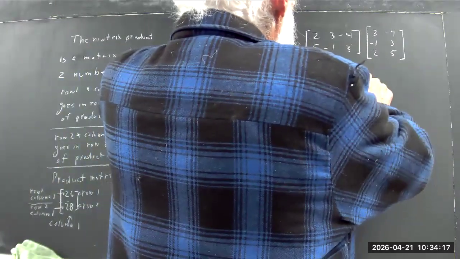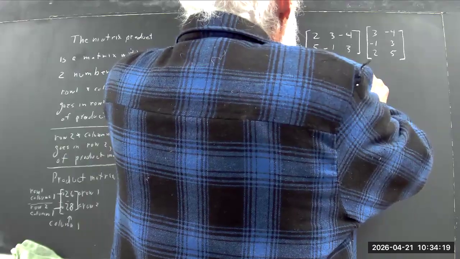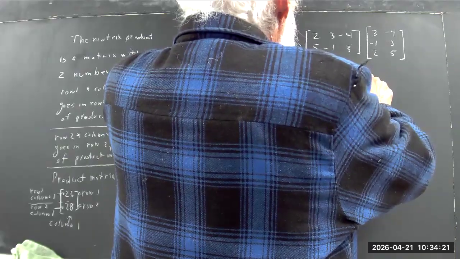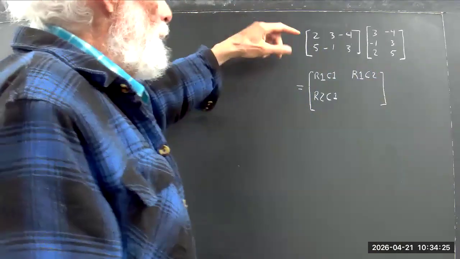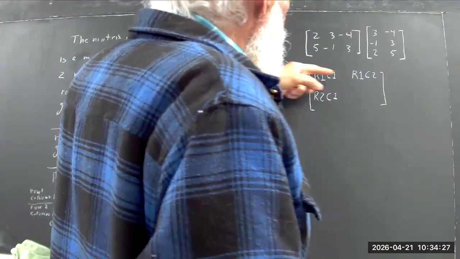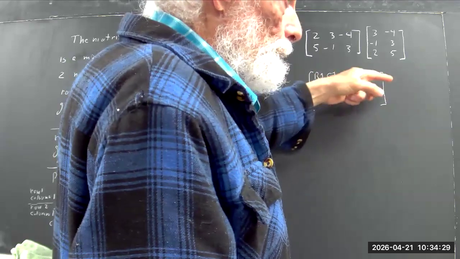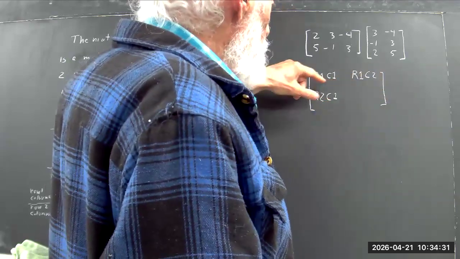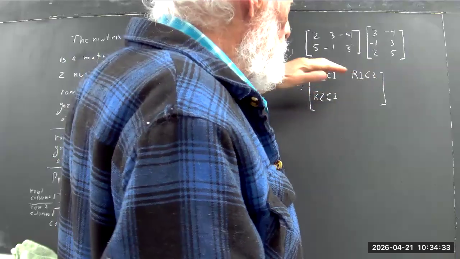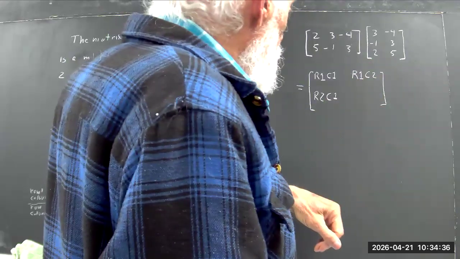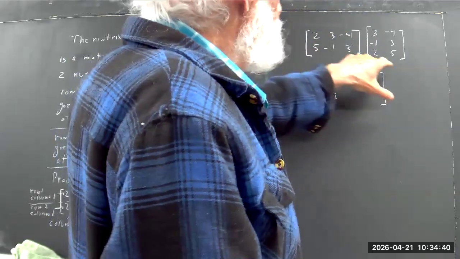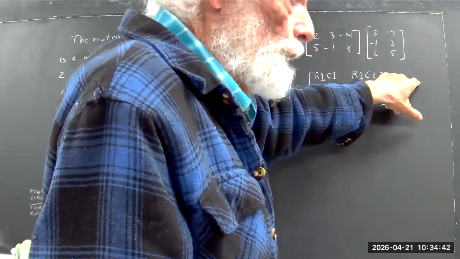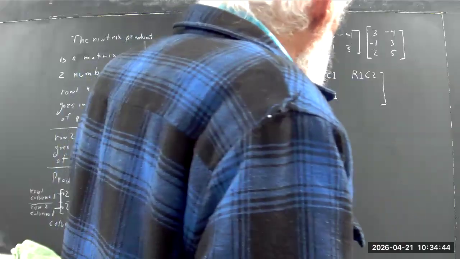Then we can also multiply row 1 by column 2. And that goes in row 1 of the new matrix. Right across from row 1, column 1, we got row 1, column 2. And it goes in a second column because it comes from column 2 of the second matrix.